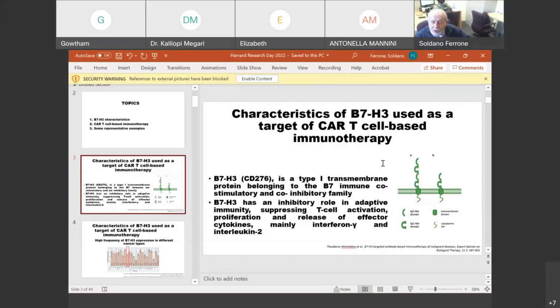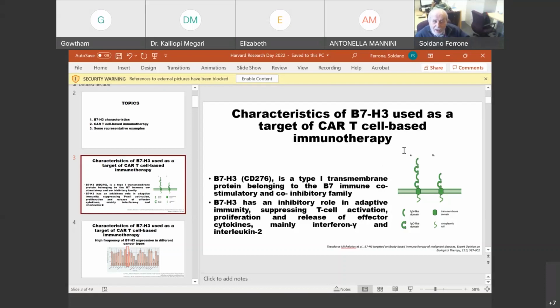So in a nutshell, we believe that B7H3 suppresses the activity of T cells, which recognize tumor cells, and therefore provides tumor cells with an escape mechanism.